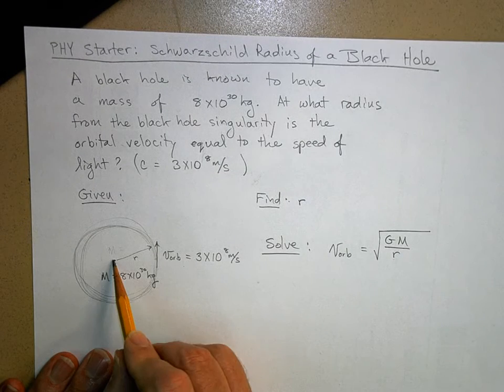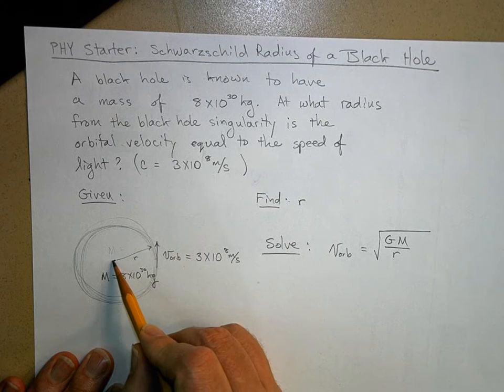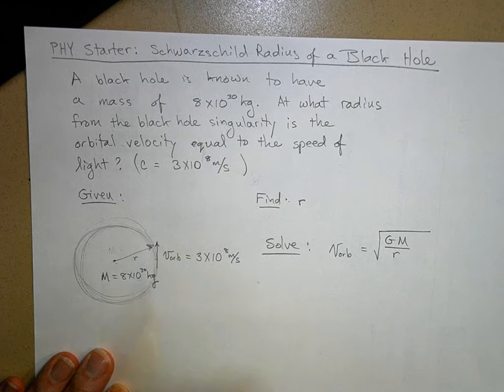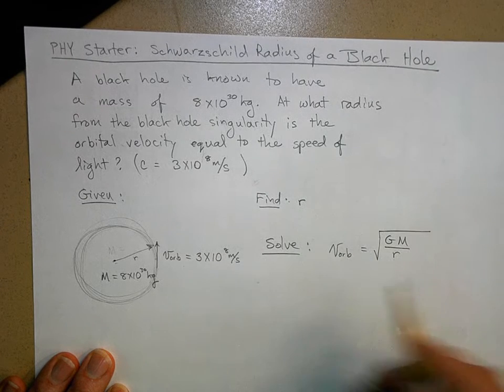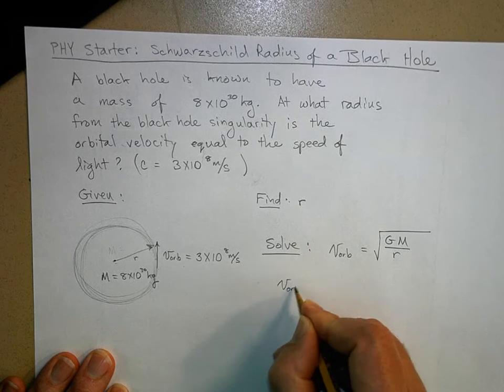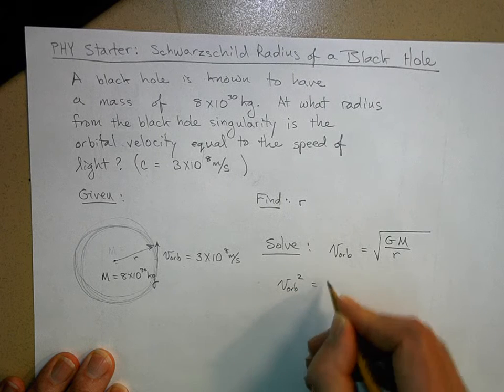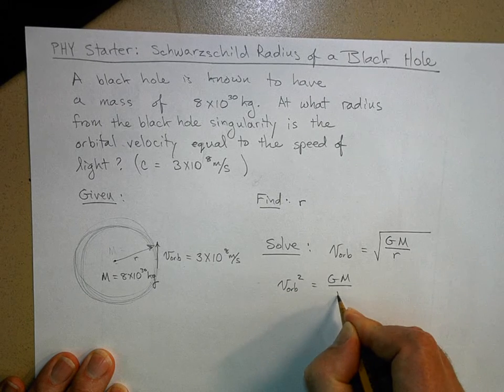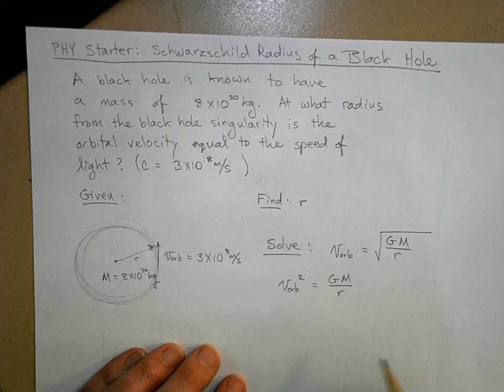All of the mass is located at the center here, so that's just r. We want to take this and solve for r. How do we do that? Well, we square both sides, and then we solve for r.